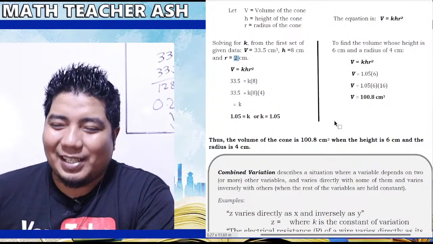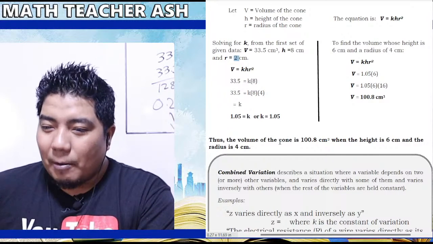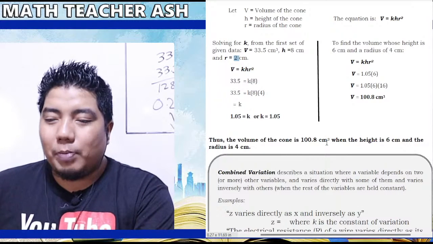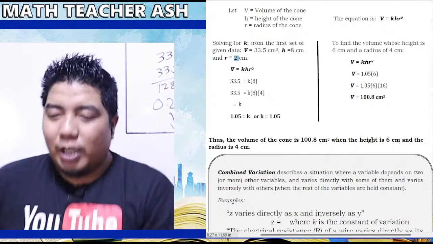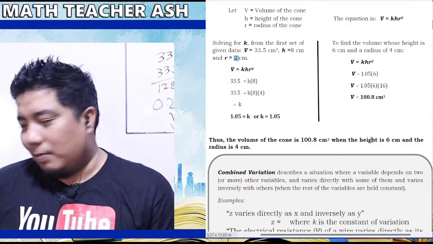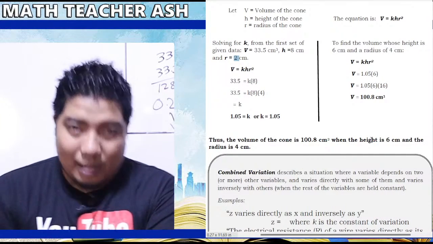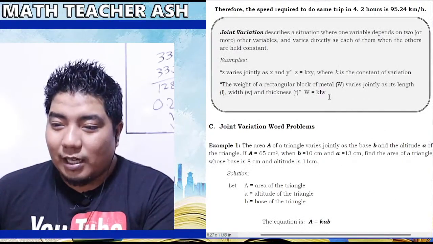For the final statement, you have 100.8 cubic centimeters when the height is 6 centimeters and the radius is 4 centimeters. Ganun lang kadali, my dear math learners. Again, correct ang nandito sa module, except lang dun kanina dito.